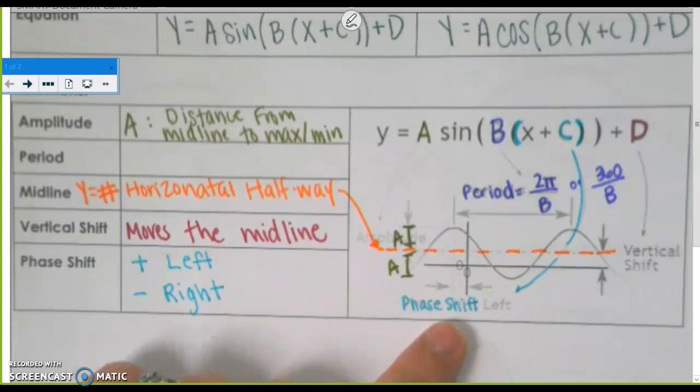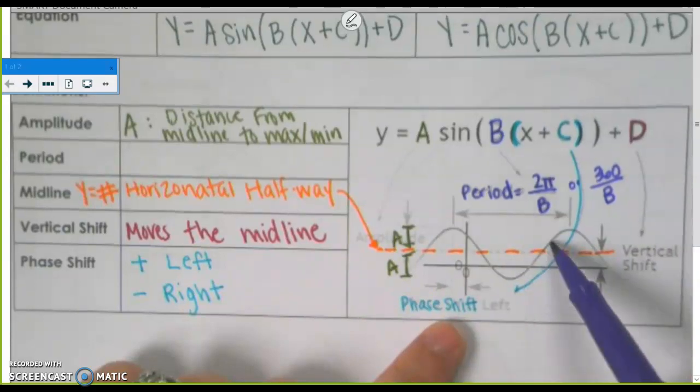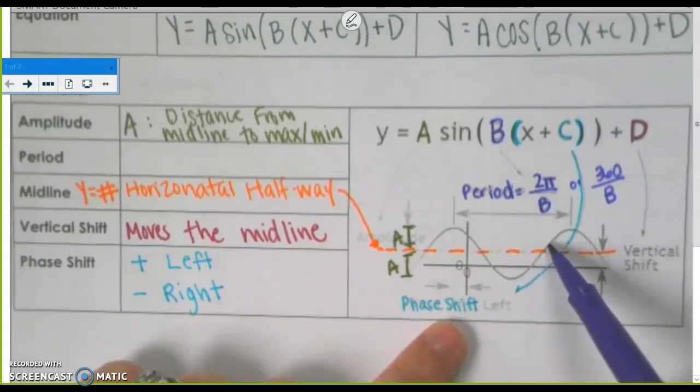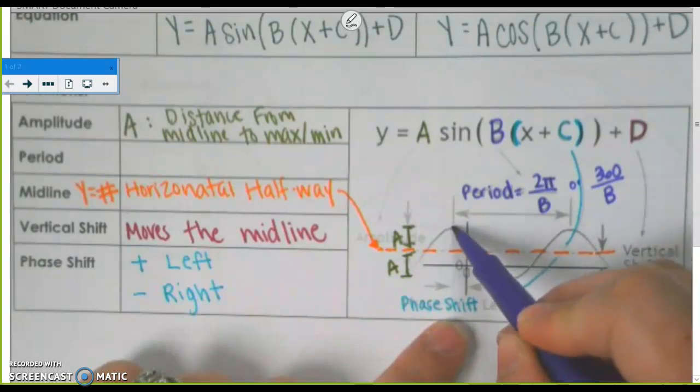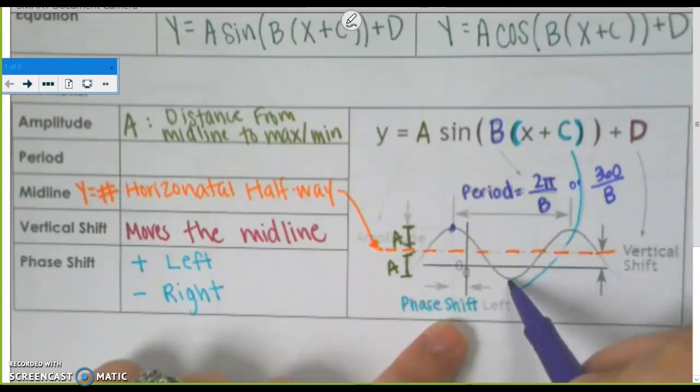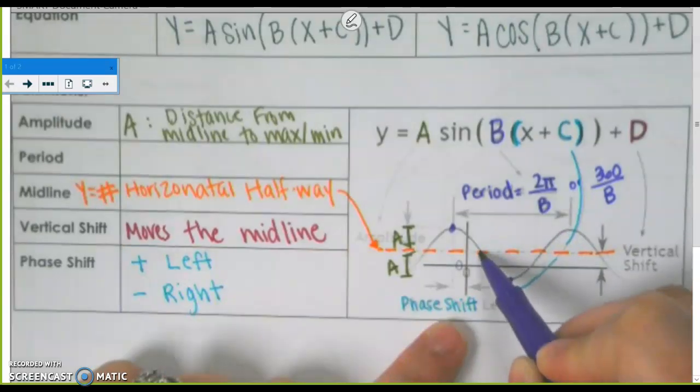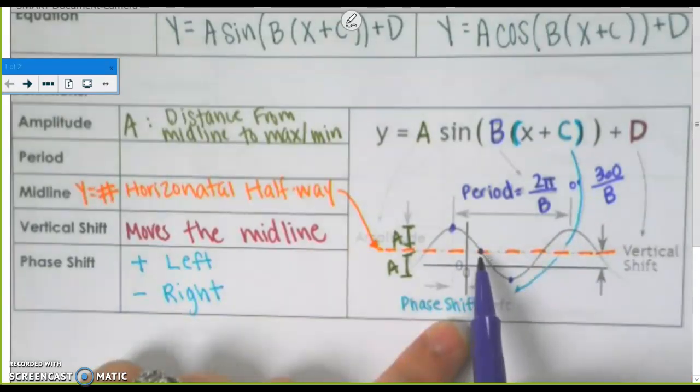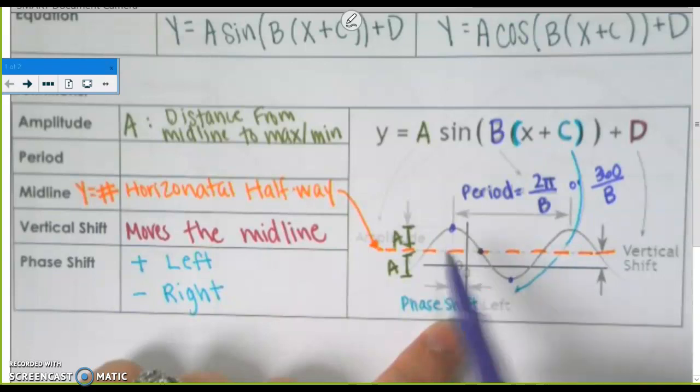So I would not pick someplace hard on the graph. I wouldn't pick like here to try to figure out what my period is. I would want to pick either a maximum, a minimum, or a point that's actually going through the midline. Those are my key points that I would want to look for.